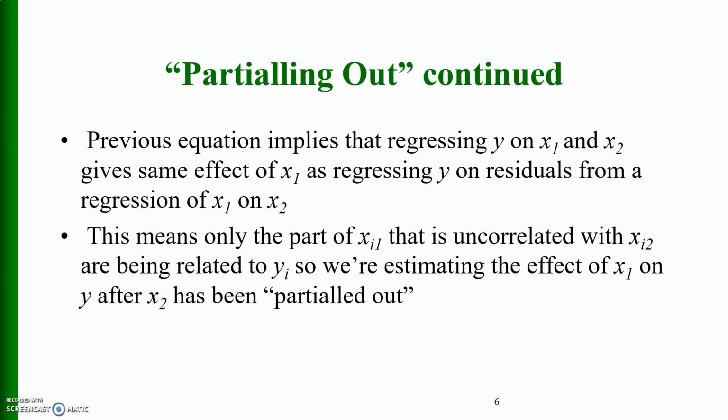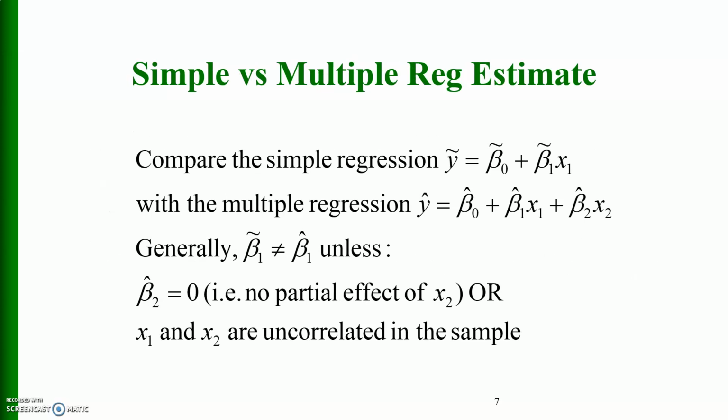The previous equation implies that regressing y on x1 and x2 gives the same effect of x1 as regressing y on the residuals from a regression of x1 on x2, and this means only the part of xi1 that is uncorrelated with xi2 is being related to yi, so we are estimating the effect of x1 on y after x2 has been parceled out.